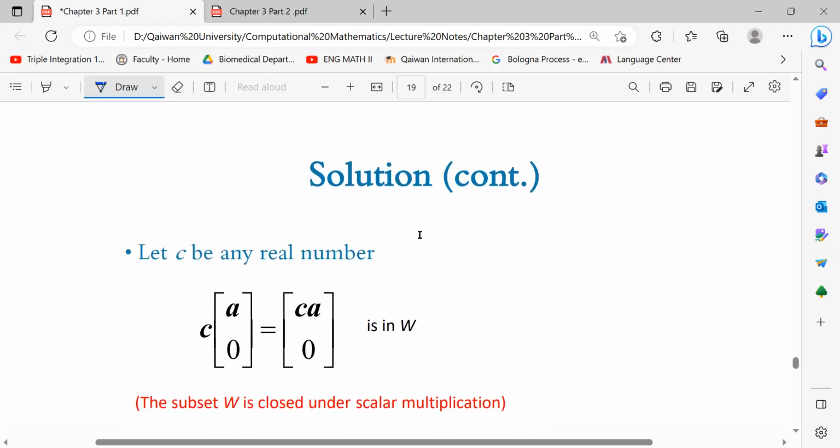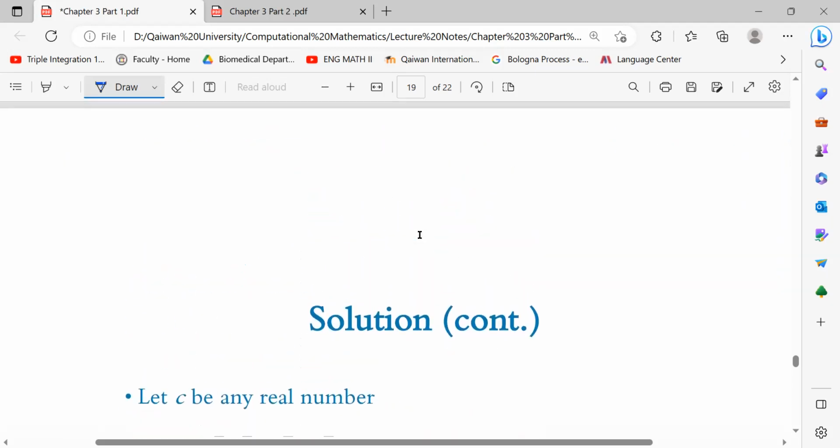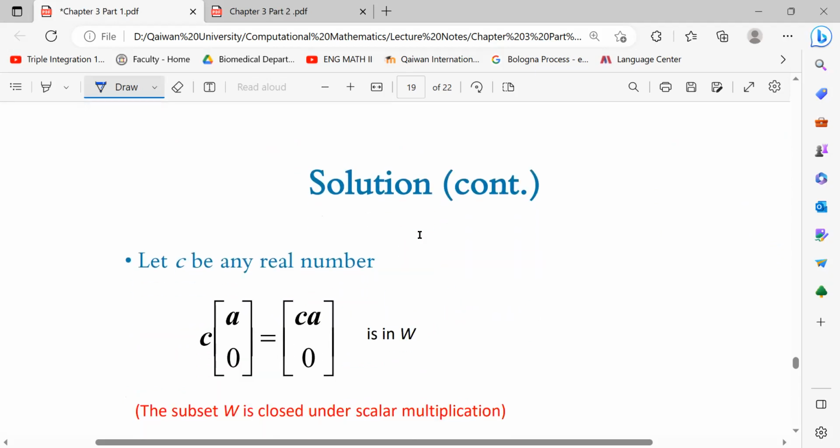The second condition is, if we multiply by a scalar, let's say k or c, any scalar, by any vector in W, we must get the same form as the vectors in W. Look, if this is a vector in W and we multiply it by a constant, let's say we get (ca, 0). Is it of the same form as in W?